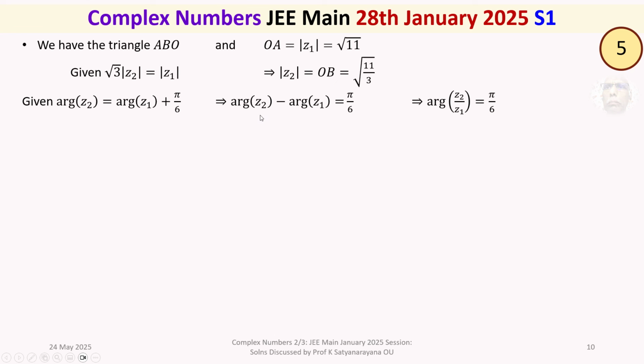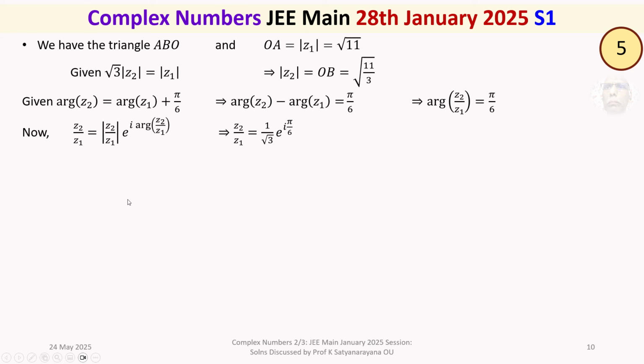And you know the argument of A minus argument of B is argument of A by B, that is, argument of Z2 by Z1 is pi by 6. Then we can calculate what Z2 by Z1 is. Z2 by Z1 is modulus of Z2 by Z1 into e to the power of i times the argument of Z2 by Z1.